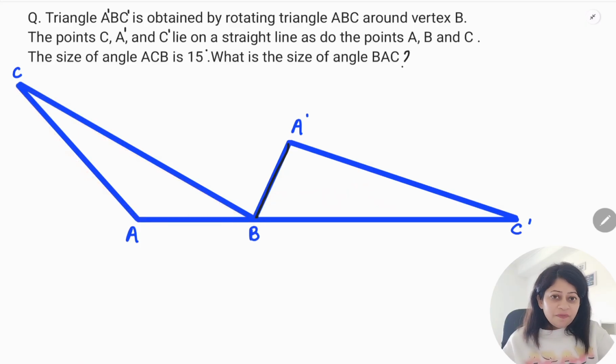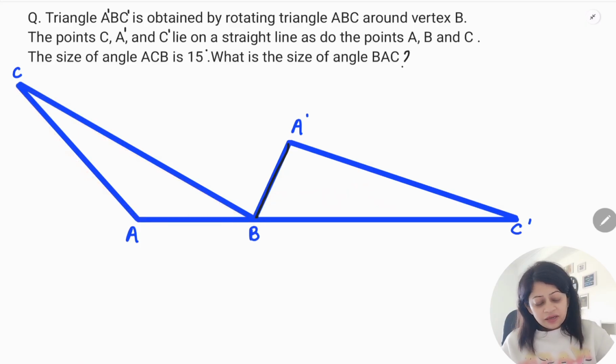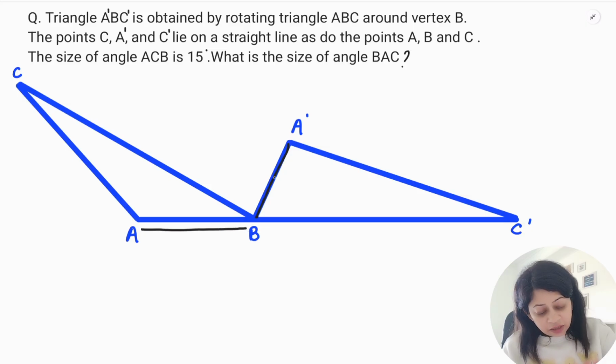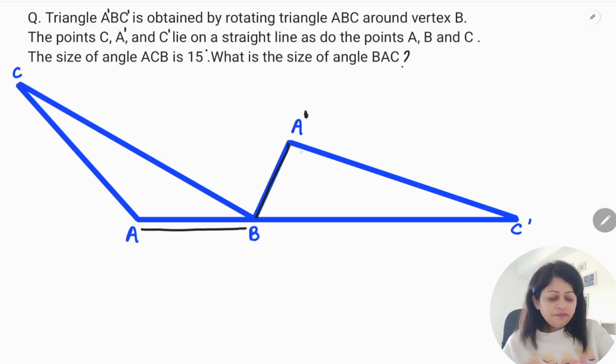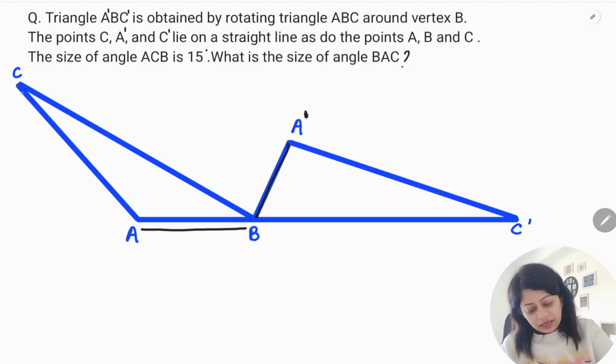Okay, so what does this mean? This means that this AB is the same as A dash B, right? This is the same point, but after rotation we got this. And then this means that this AC, if we look at this side, I will highlight it like this: AC is the same as this side, AC.